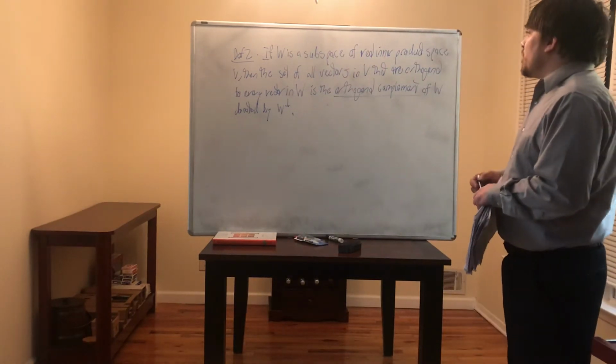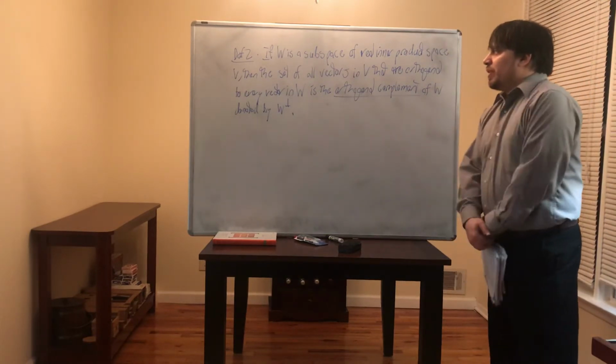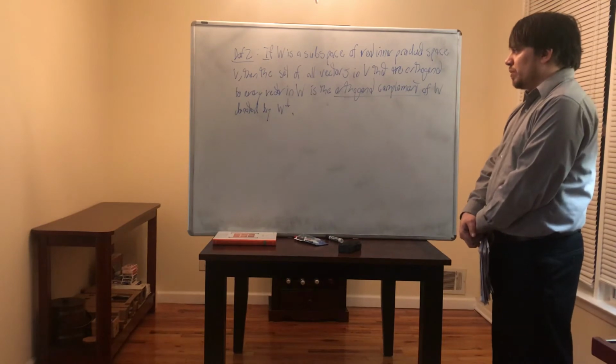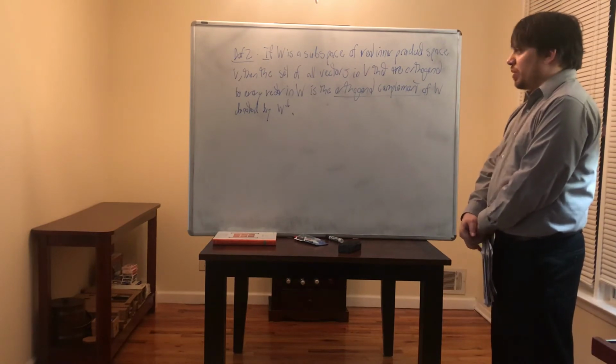Okay, so capital W is a subspace of the real inner product space capital V. Then the set of all vectors in capital V that are orthogonal to every vector in W is the orthogonal complement of W, denoted by that symbol.